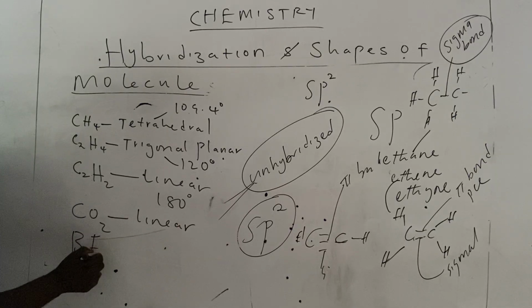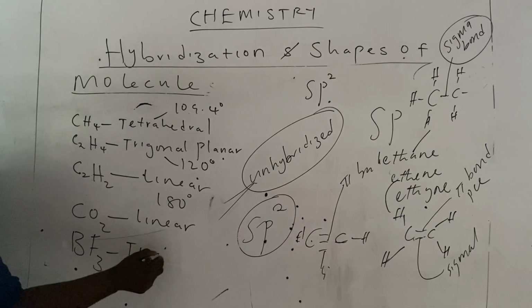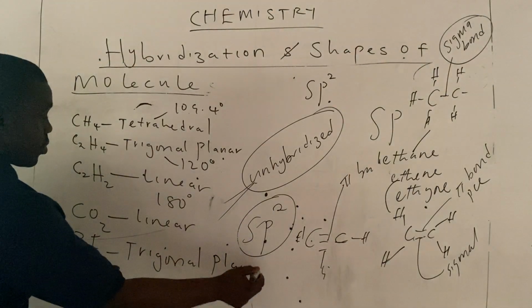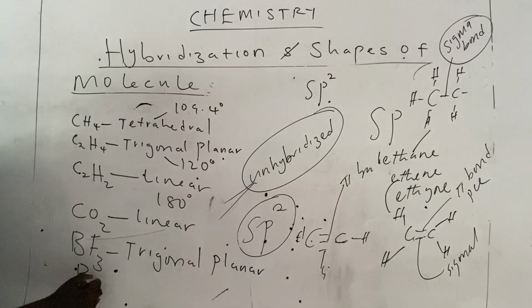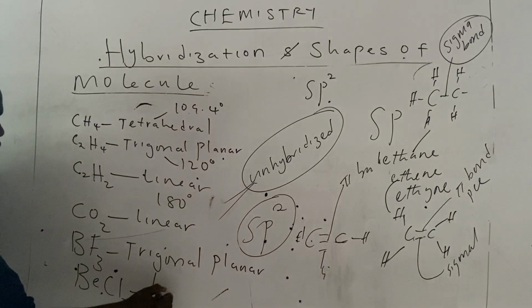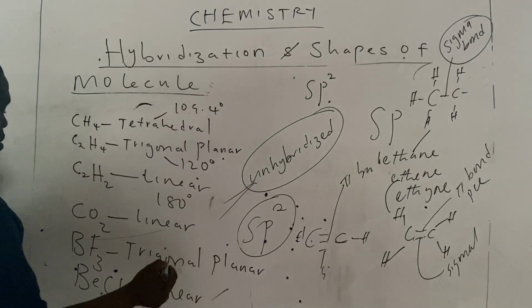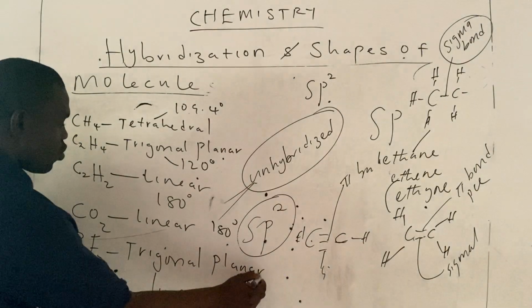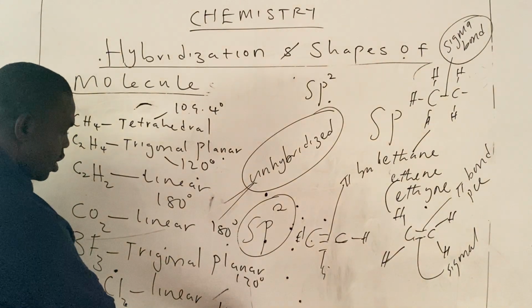Boron trifluoride is trigonal planar. Beryllium chloride is linear. This one is 180 degrees. This one is 120 degrees. This one is 180 degrees.